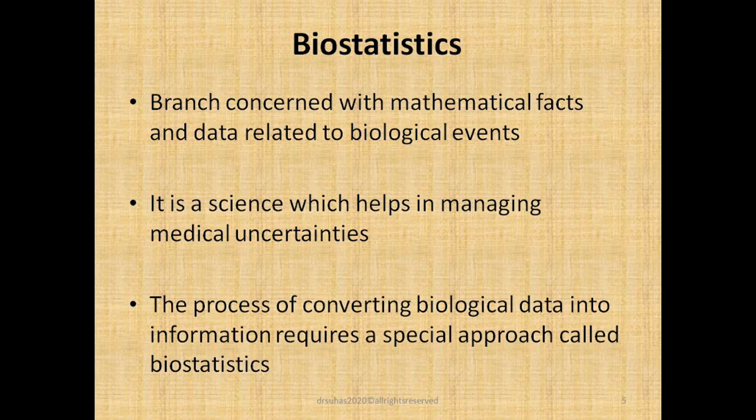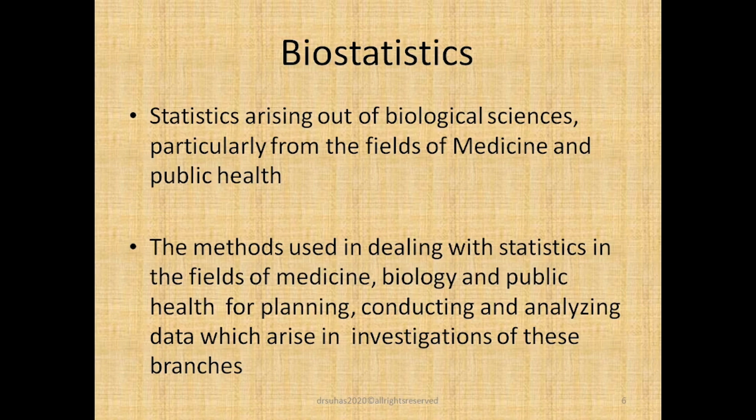In medicine or in medical research, there are a lot of uncertainties, maybe external uncertainties, internal uncertainties, a lot of variability and complexity, and the way of answering this medical uncertainty is the science behind biostatistics. The process of converting biological data into information requires a very special approach called biostatistics.